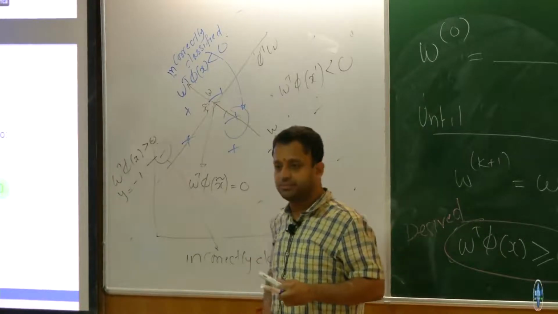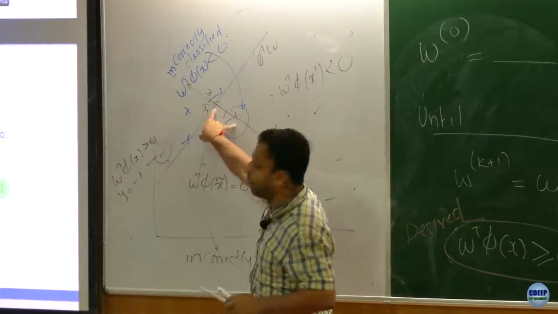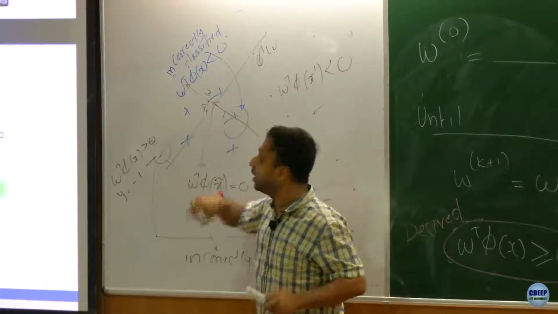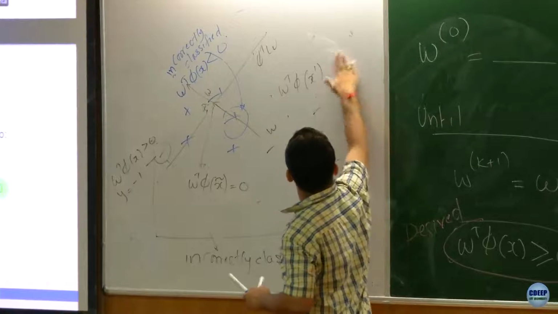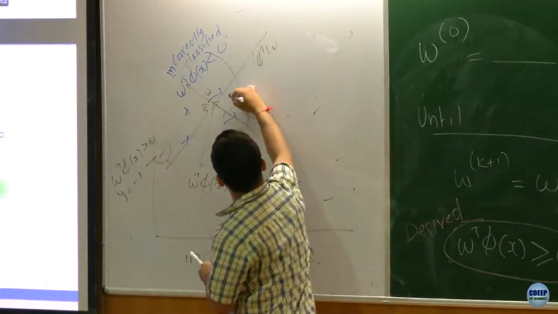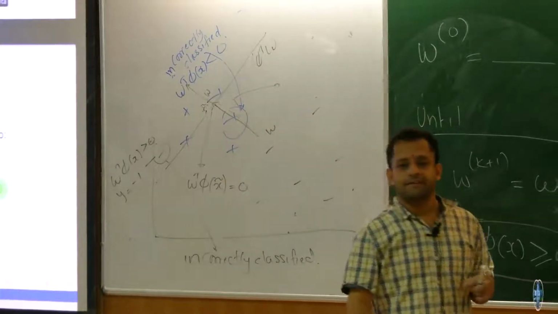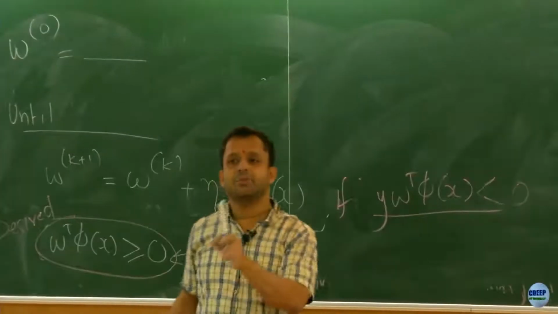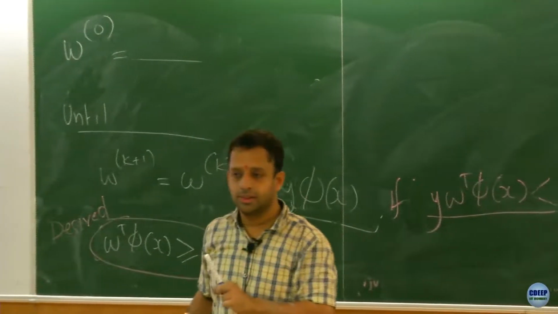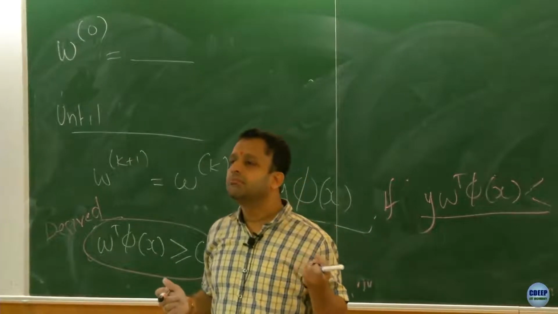But what does it mean? What is the distance between this point and this point? Let's now measure the distance. What is this distance? This distance is measured along the perpendicular.